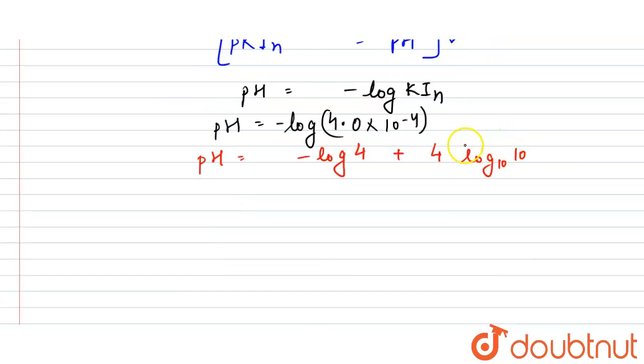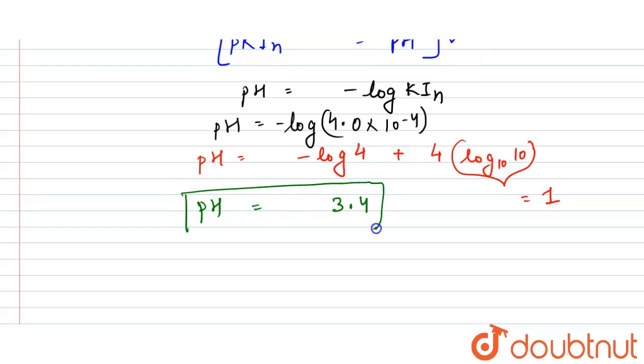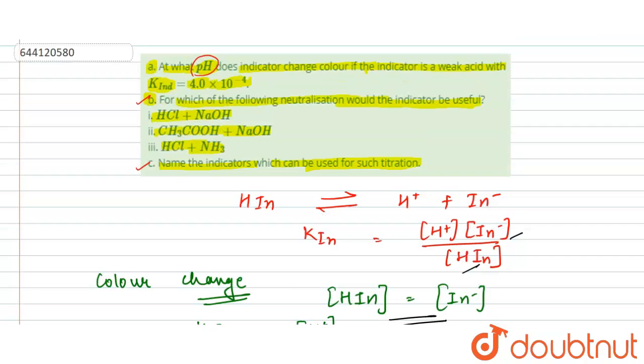We know that log 10 is equal to 1, so here we will have 3.4. pH is equal to 3.4. In the first part we have got the answer: pH is 3.4.